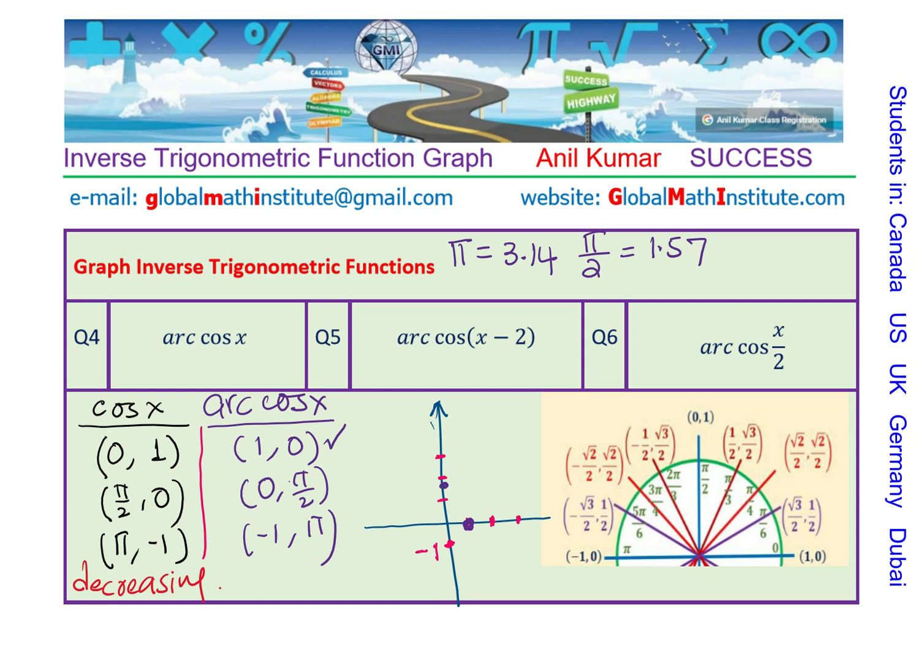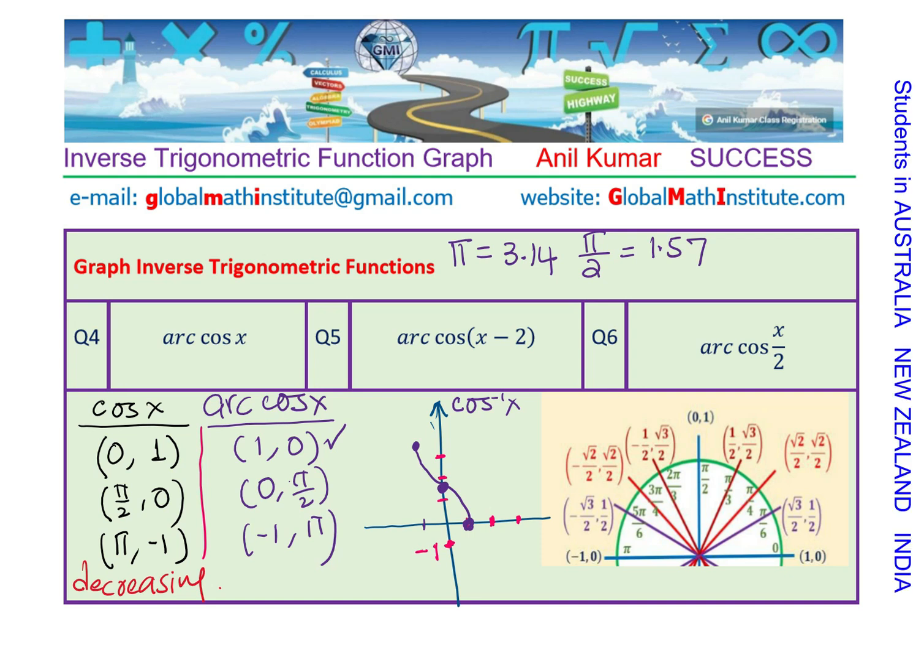So that will be our second point. Is that clear? And at minus 1, which is right there, we have pi, which is slightly more than 3, correct? You get the idea. So the graph will be kind of like this. So that is the graph of cos inverse x or arc cos x. Is that clear to you?